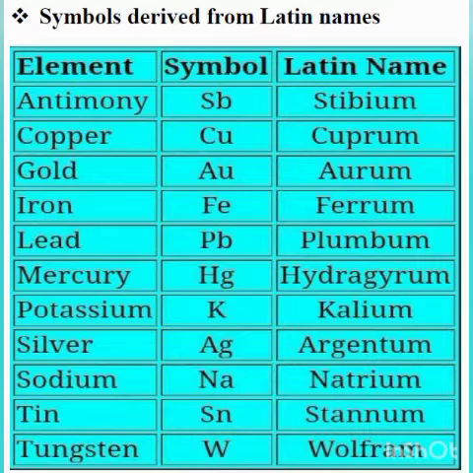Now, first, the symbol of the element is the first letter, or the first letter and another letter of the English name or the Latin name of the element. So if the name of the element is in English or in Latin, the first letter of the name is used as the symbol.